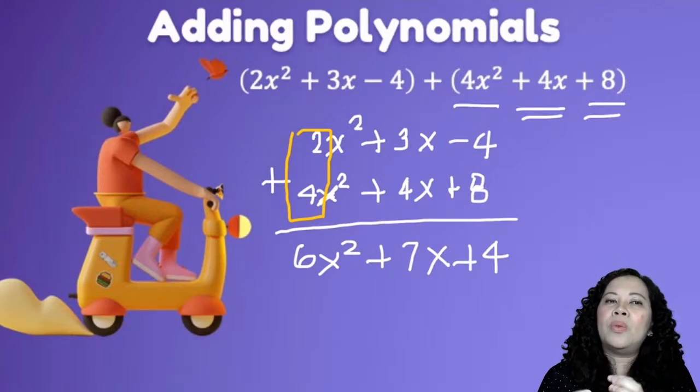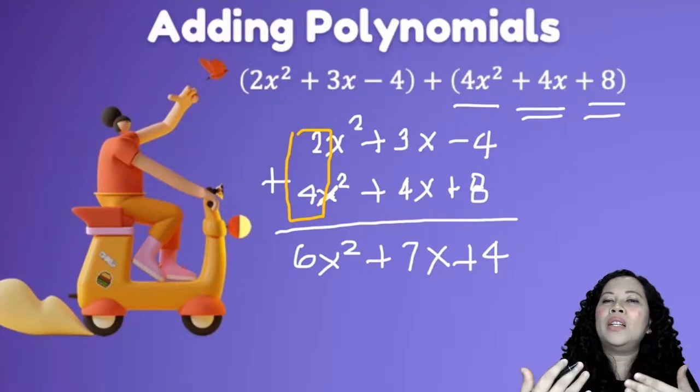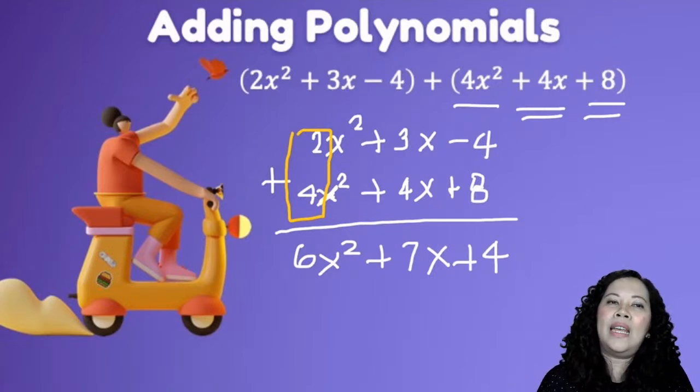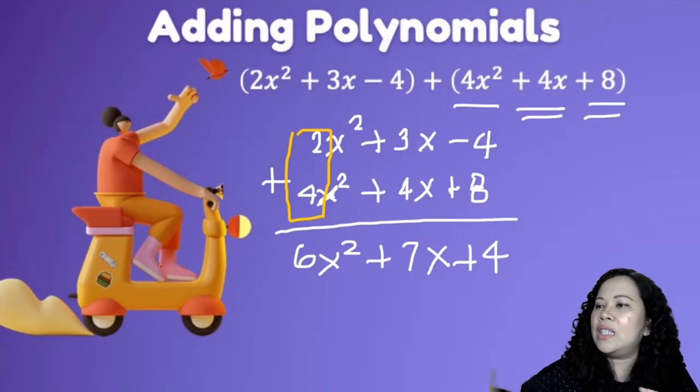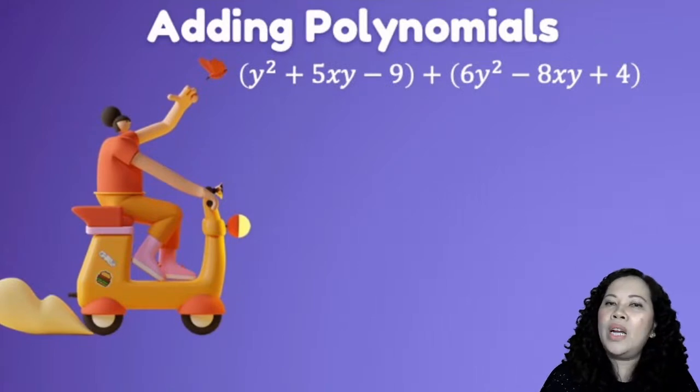So you have 2x squared, 3x, and minus 4 added to 4x squared plus 4x plus 8. All we need to do is add the numbers. So 4 plus 2 is 6, and then we just need to copy the literal coefficient.